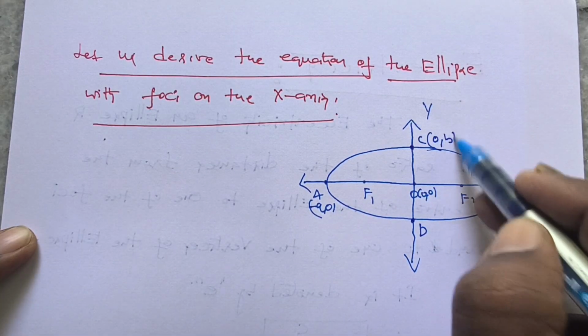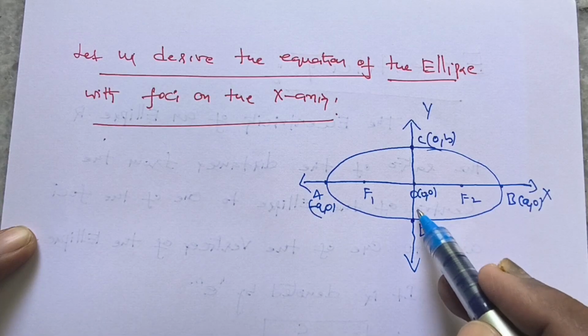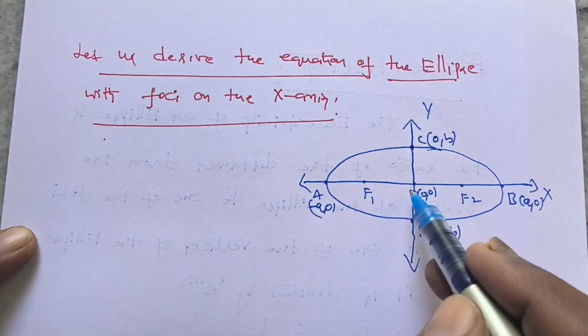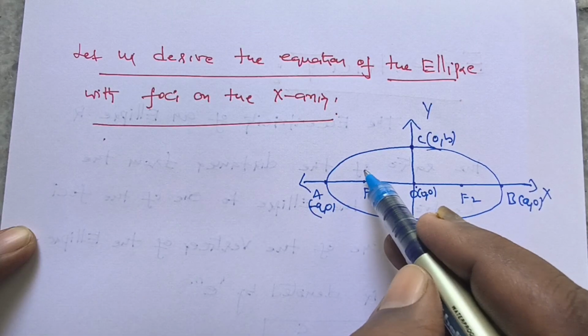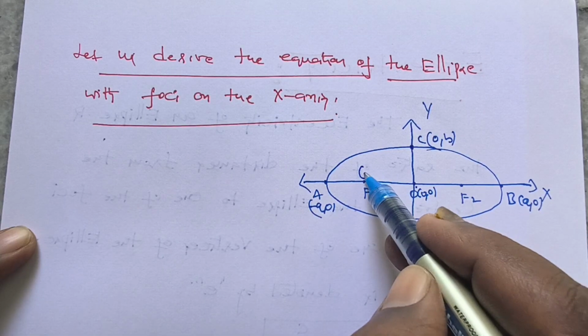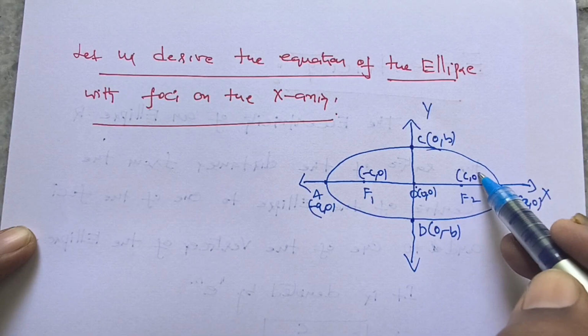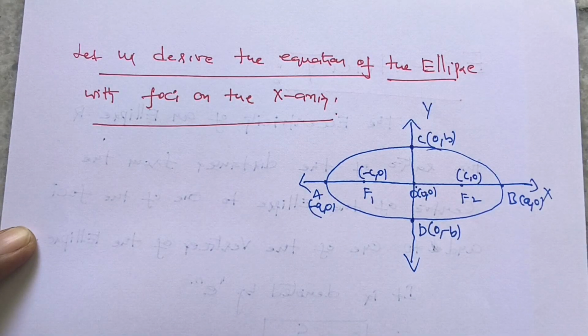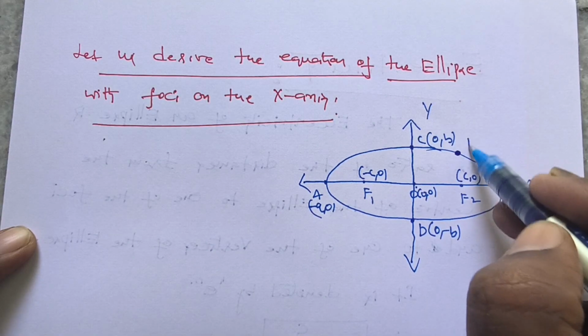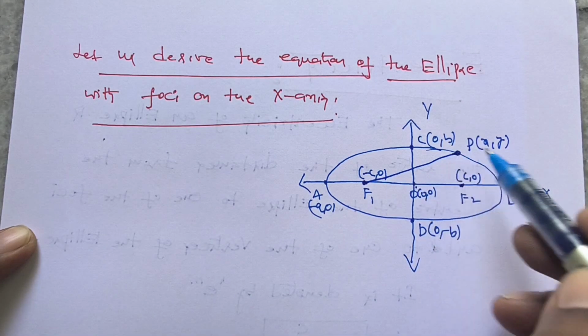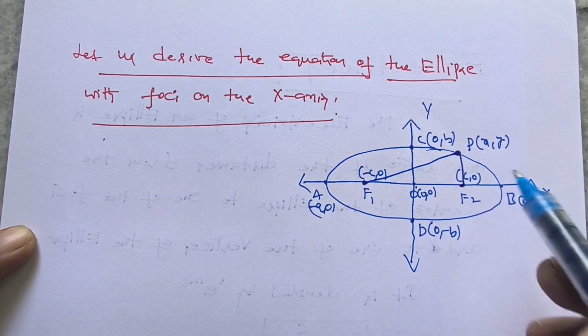So this is C and this is D with coordinates 0 comma b and 0 comma minus b. Here F1 is a focus with coordinates minus c comma 0, and F2 is also a focus with coordinates c comma 0. Suppose we choose a point P of x comma y on the ellipse.